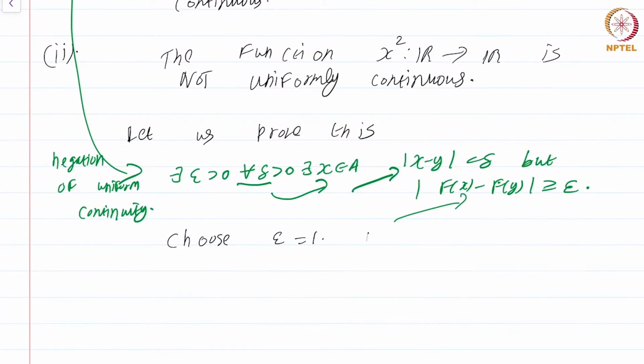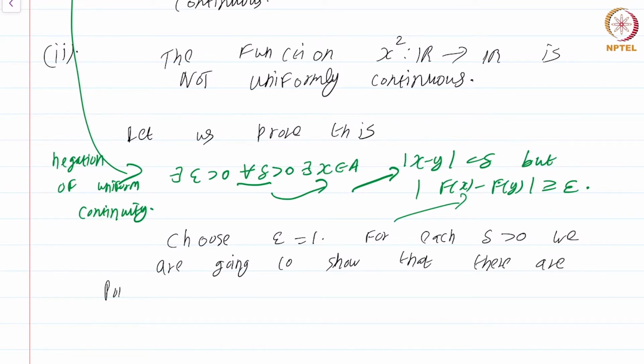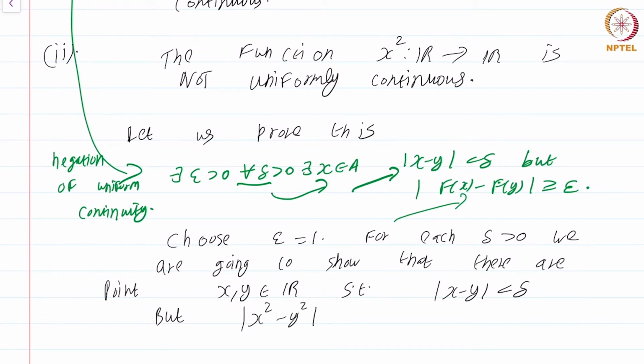What we are going to do is, for each delta greater than 0, we are going to show that there are points x comma y in R such that mod x minus y is less than delta, but mod x squared minus y squared is greater than or equal to 1.